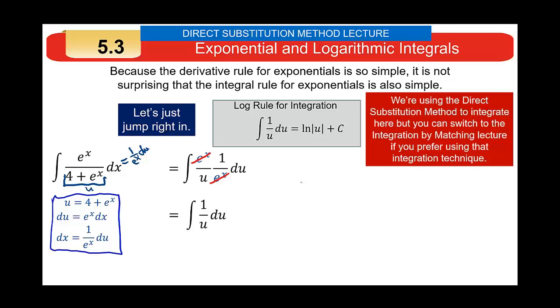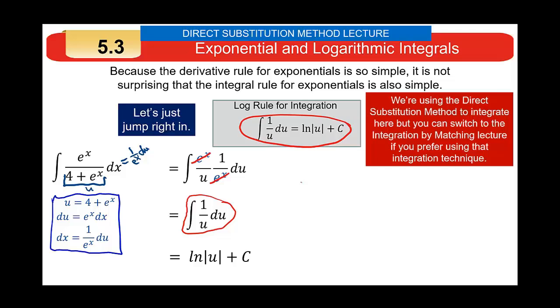You might call the problem tricky, but I would say you just have to think about it and expose yourself to it, and then it starts to be second nature when you see a problem like this. Aha, I remember what happened last time I saw a problem like this. In any case, integral of 1 over u is the natural log of the absolute value of u plus the constant of integration.